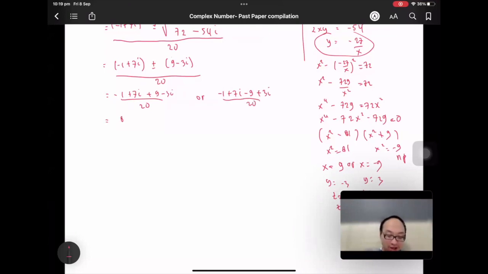So 8 minus 4i over 20, or negative 10 plus 10i over 20. So 2 over 5 minus 1 over 5 i, or z can be negative half plus half i. So that's it.